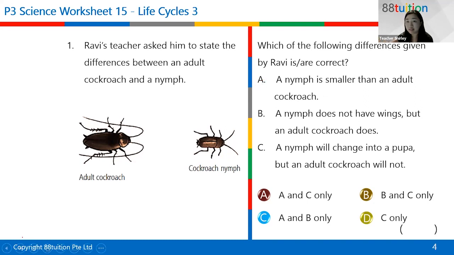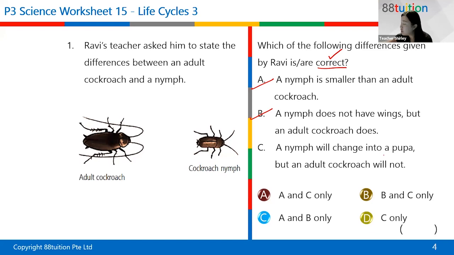Is that correct? Is it correct, Claire? Yes, okay. A nymph does not have wings, but an adult cockroach has. A nymph does not have wings, but the adult has, okay?